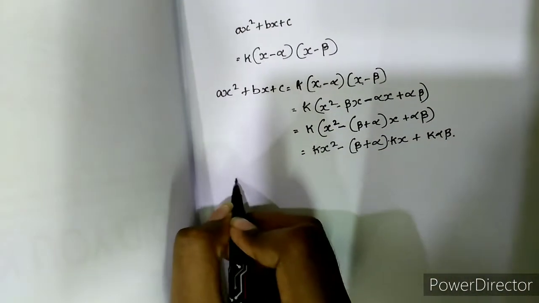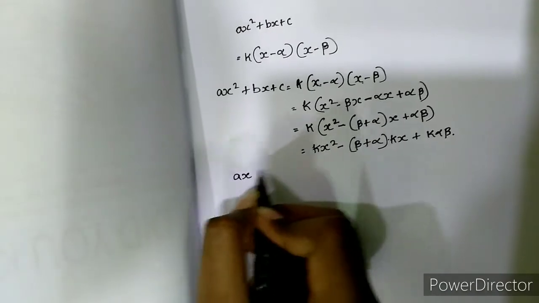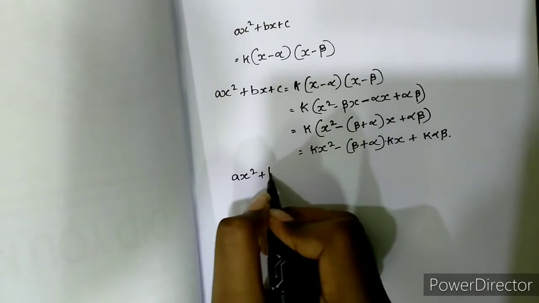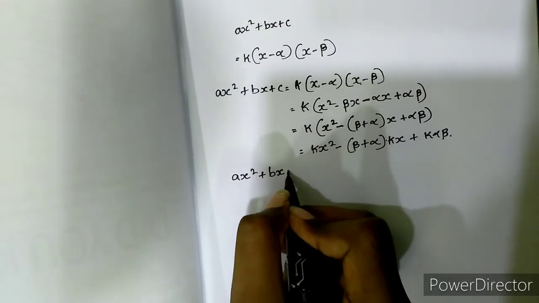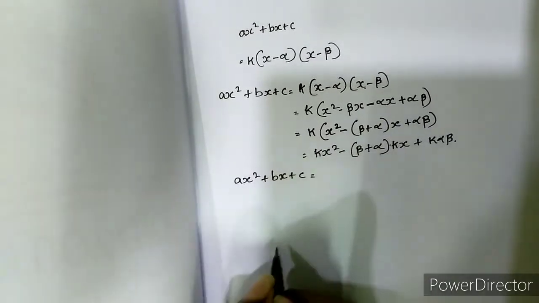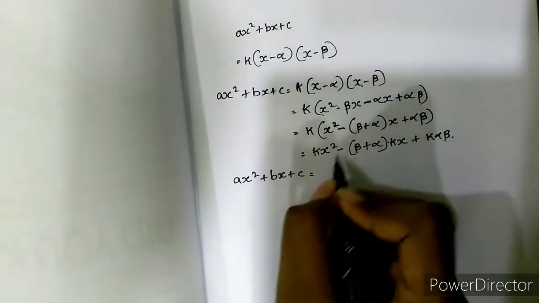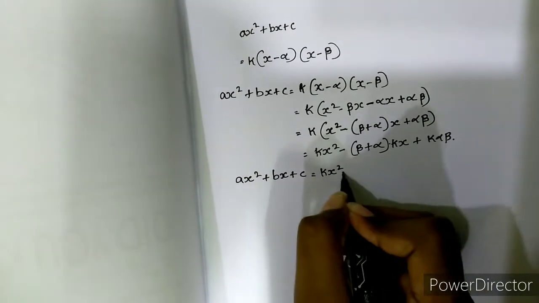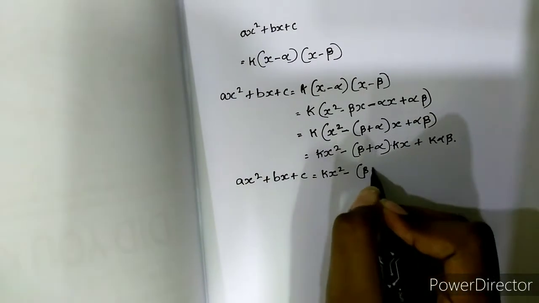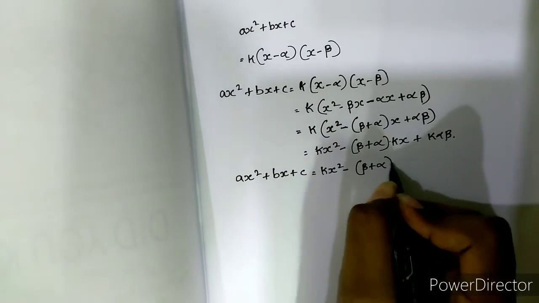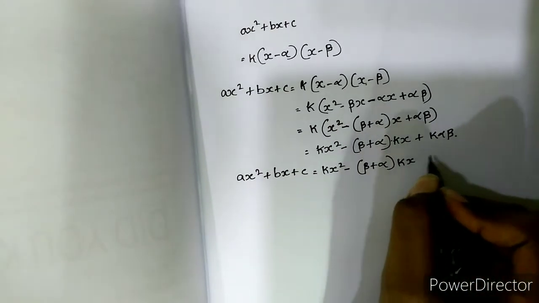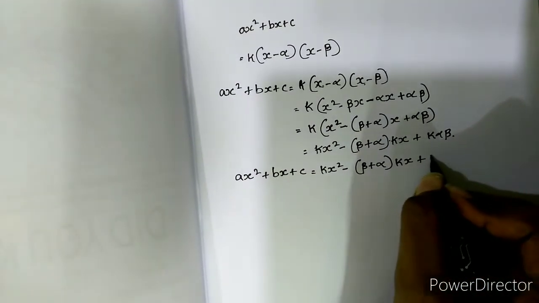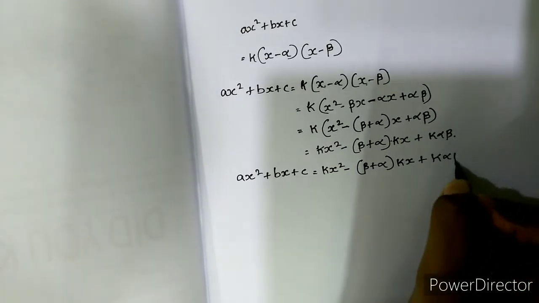Now we take the general form of the quadratic polynomial, that is ax square plus bx plus c is equal to kx square as it is, minus of beta plus alpha of kx, plus k alpha beta.